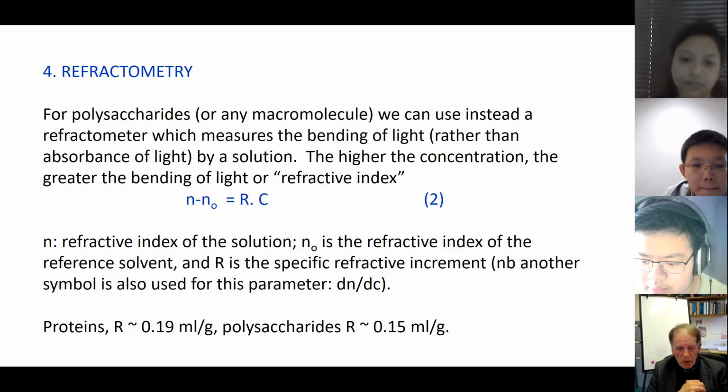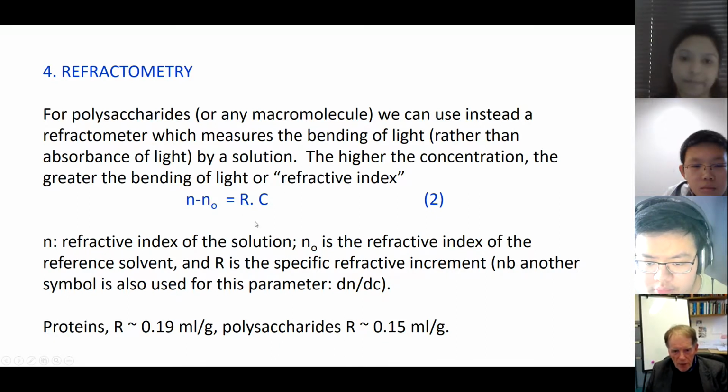So the more concentrated a solution is, the more the bending of light. It also depends on the composition of the material, if it's a protein or polysaccharide or nucleic acid, and also on the amino acid composition if it's a protein. This will affect the bending.